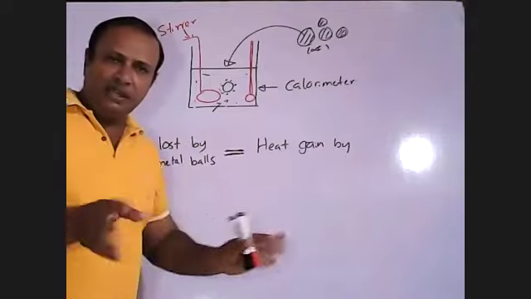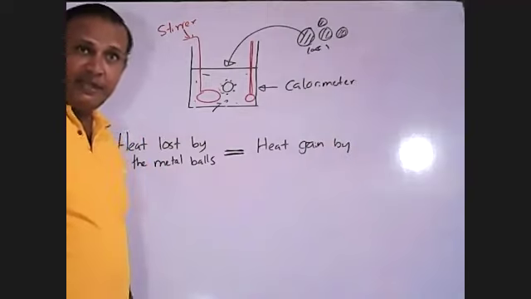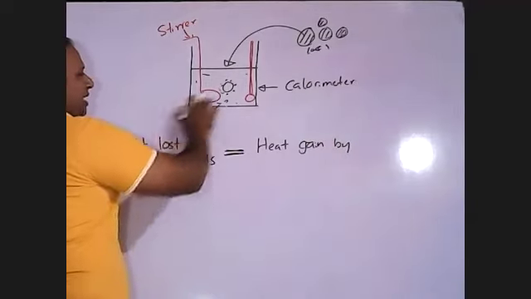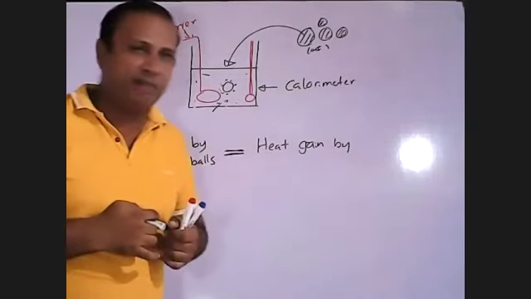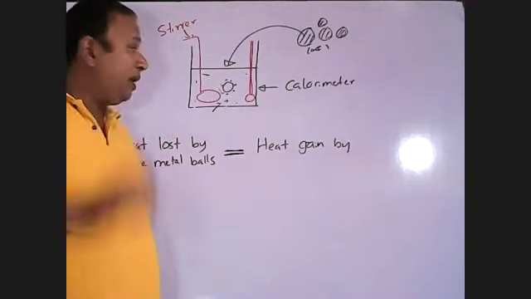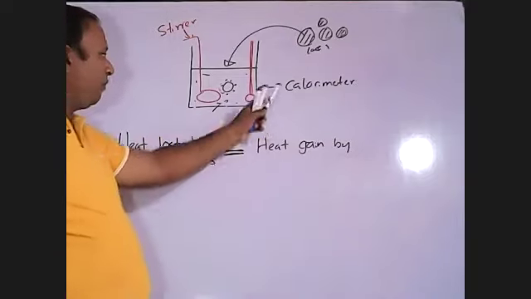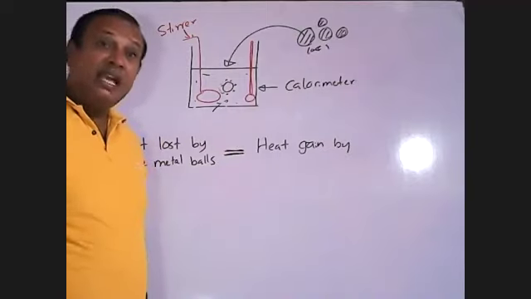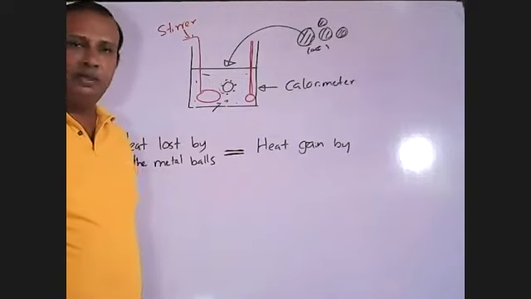Okay. In this practical, we are going to use a calorimeter as the container, and a stirrer. Normally, the stirrer and the calorimeter are made of the same material. If not, you should know the C value, that means the specific heat capacity, of the calorimeter as well as the stirrer. If they are made of the same material, then one C value is enough.